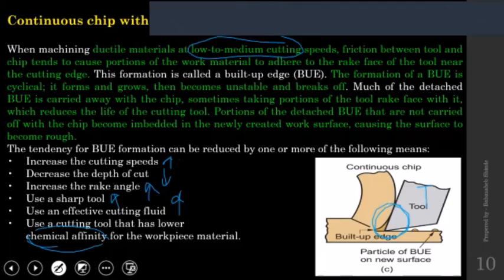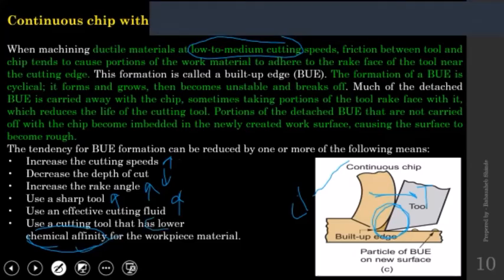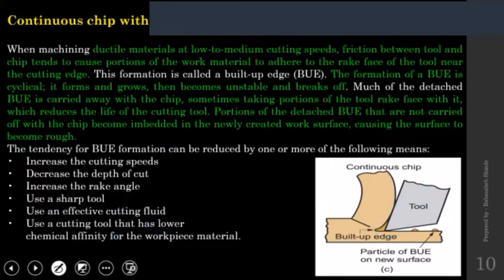If there is chemical affinity between the cutting tool and workpiece, there might be some chemical reactions taking place, and those might result in the formation of this type of chip. So if you go for a cutting tool with less chemical affinity with the workpiece material, you can avoid formation of this kind of chip. So that is about continuous chip with built-up edge.